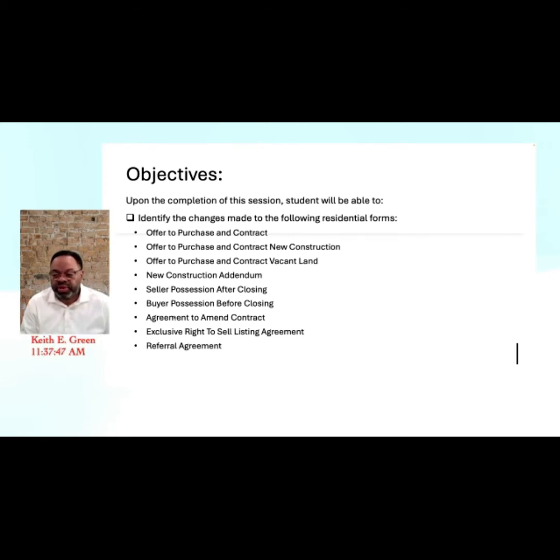For instance, there were forms done for the commercial auction, but we're going to cover residential. After we go through this, we will have a question and answer session. I'll do my best to answer questions regarding the form changes. You can jot your questions down or make note of them so that I can answer them. If you cannot hear me, just let me know, but I should be coming in loud and clear.